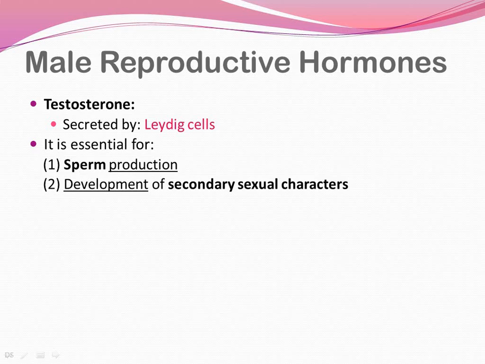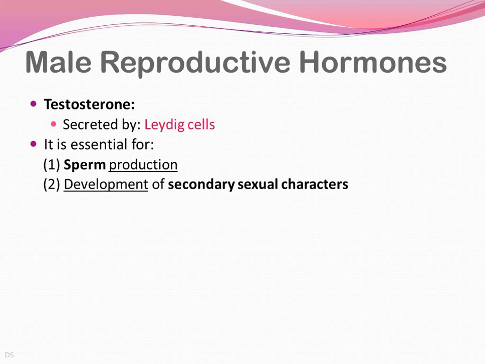Few of these examples we'll discuss. Say, for example, development of beard, mustache. Then the lowering of pitch of the voice, which we call hoarseness of voice. That happens in case of puberty.